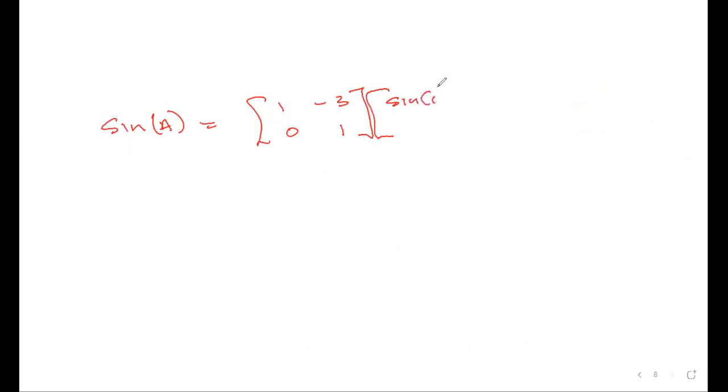Sine of 1, no, that's sine of 2. Eigenvalues have to be in the right place. 0, 0, 1, 3, 0, 1.